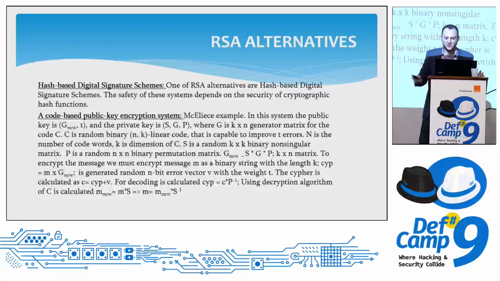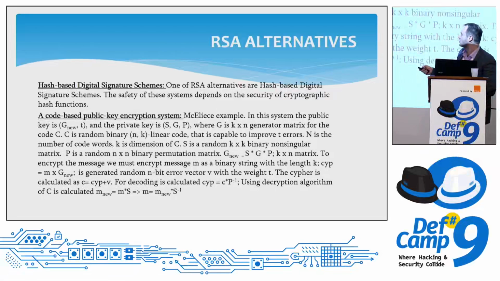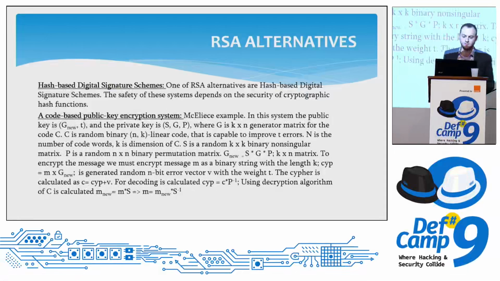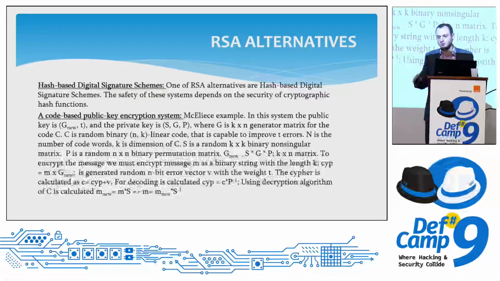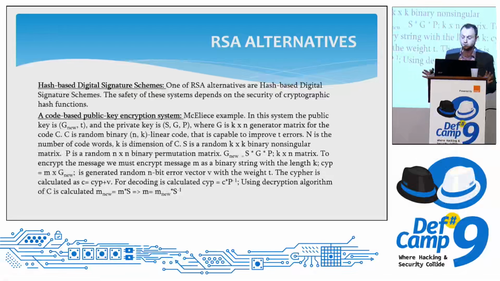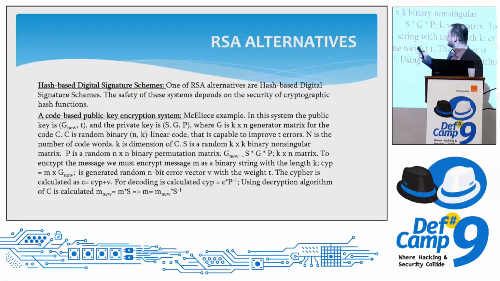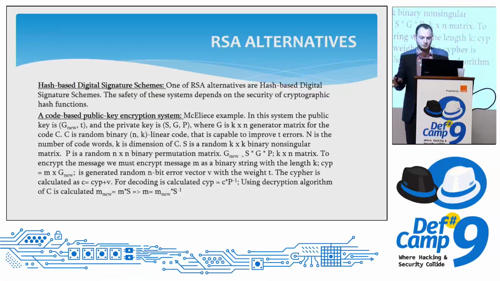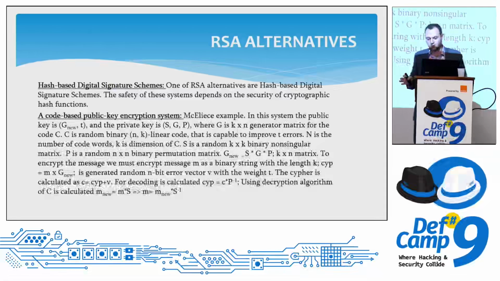Very quickly, how it works. It has the public key G', n, t, and the private key is S, G, P. G is the generator matrix for code C, and this code is capable of fixing t errors. Here is our t. S is a random non-singular matrix.